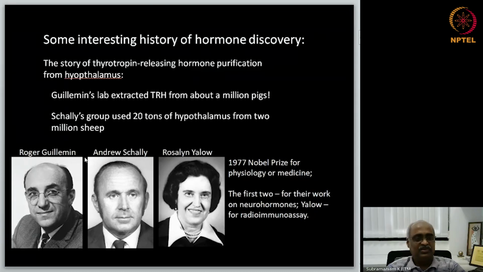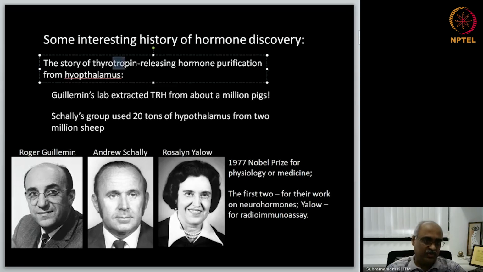For example, Roger Guillemin's group extracted thyrotropin releasing hormone. This is a hormone produced by the hypothalamus that stimulates the pituitary to release thyroid stimulating hormone, which acts on the thyroid. So we will learn about tropins and these releasing hormones pretty soon as we go on.